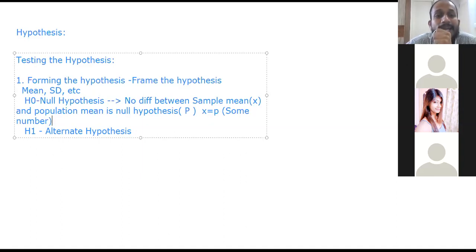That indicates that the null hypothesis is correct.